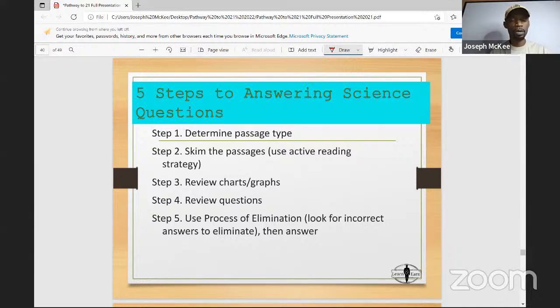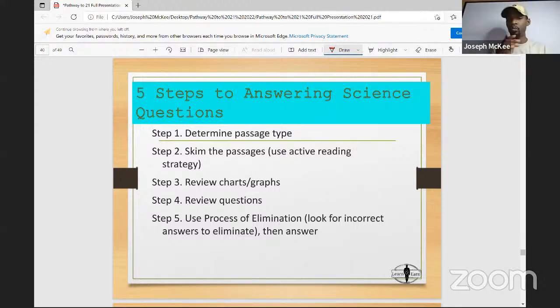Then step 4, make sure you are reading the question correctly so you can find out exactly what they're looking for. And then step 5 is all about using the process of elimination to get rid of the incorrect answers and then ultimately choosing the best answer that is left. So these are 5 steps that you can use for every science question.